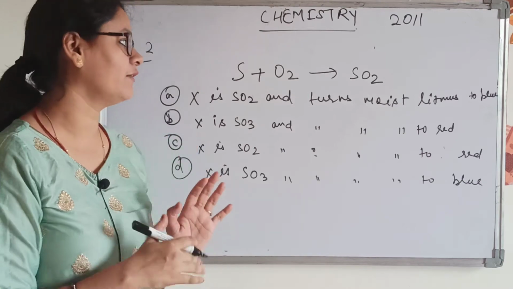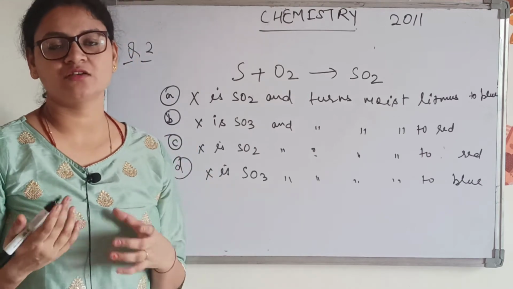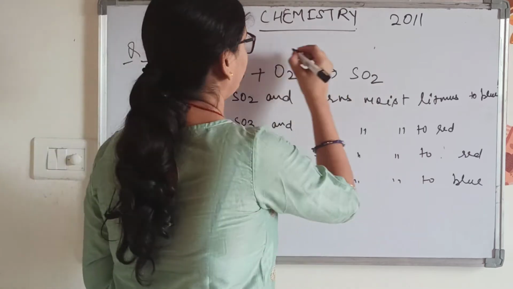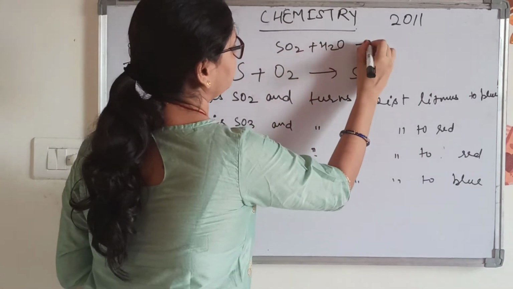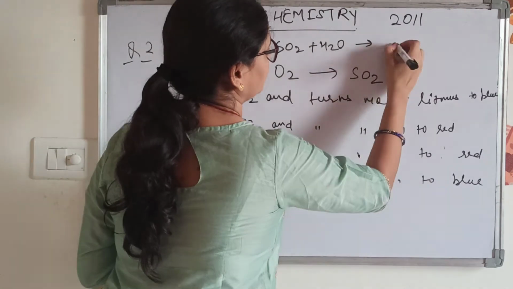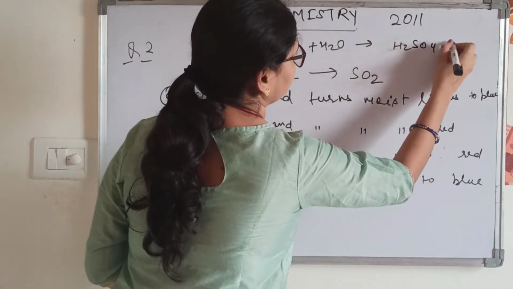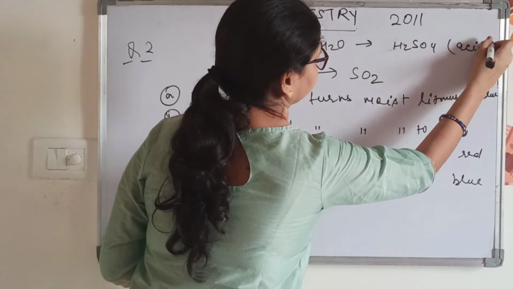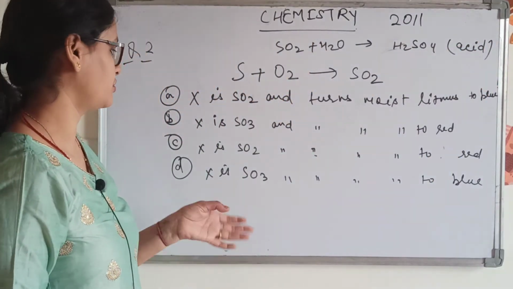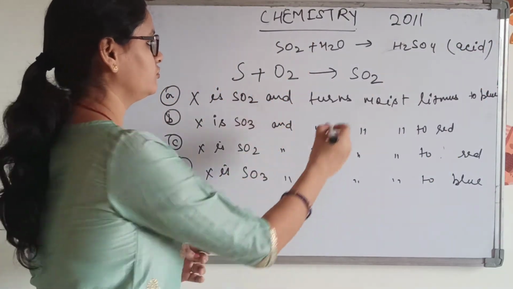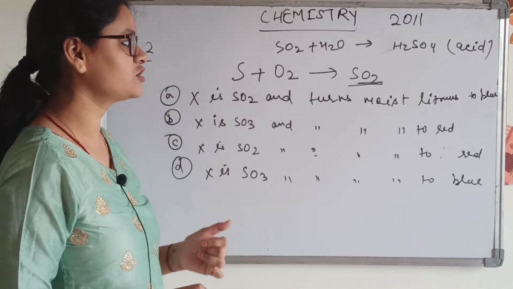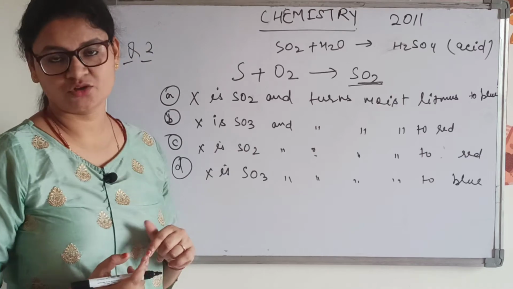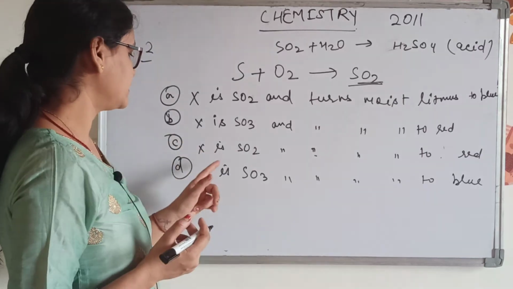For that, we add some water to SO2, and after adding water we get H2SO3, which is an acid. So X is SO2, that is true, but turning moist litmus to blue is not correct.